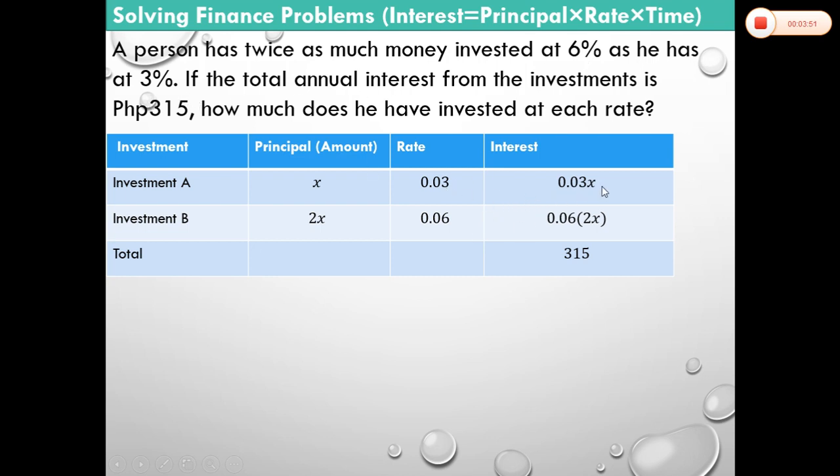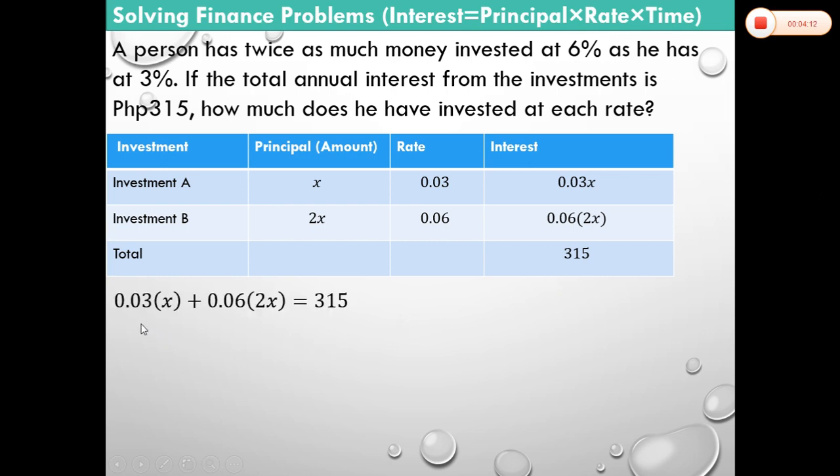Therefore, the interest earned from investment A is obtained by multiplying the principal and the rate, so 0.03x, while the interest earned from investment B is 0.06 multiplied by 2x, with a total of 315.